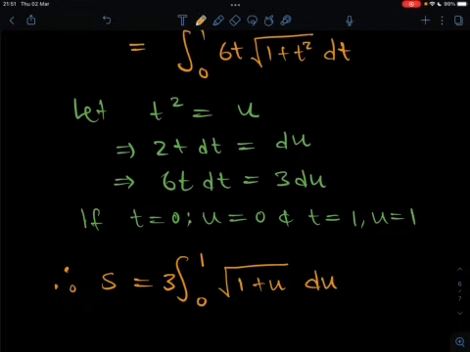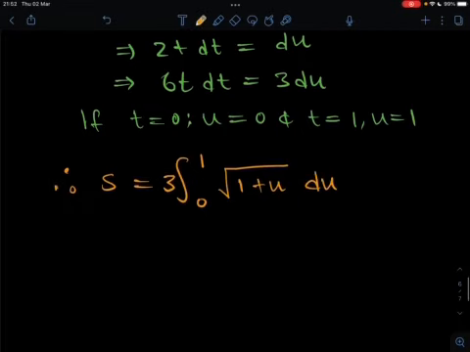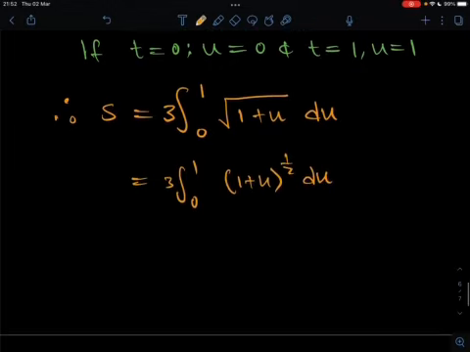du, like that. So we can all recognize that this can be written as 3 times the integral from 0 to 1 of 1 plus u to the power half du. So now we know the rule of how to integrate something like this. So to integrate something like this, we know that we increase the exponent by 1, which will give us 3 over 2.